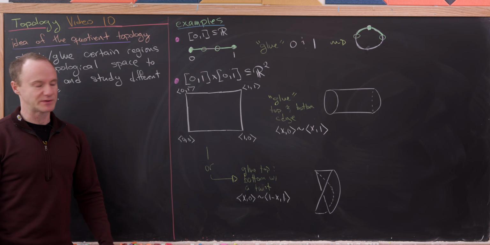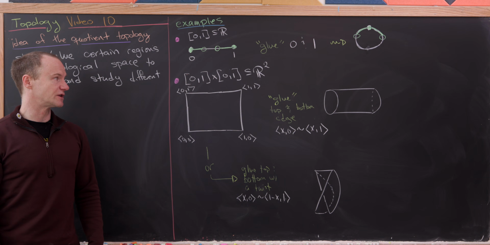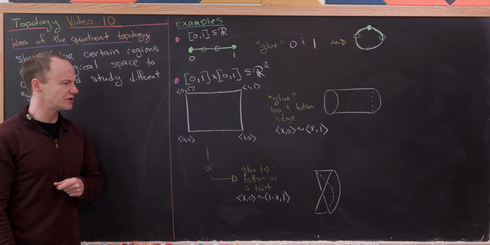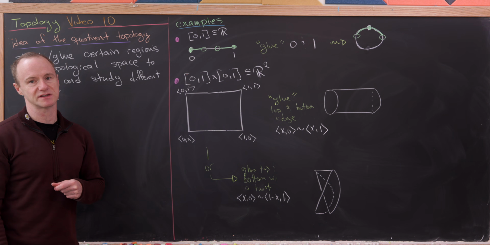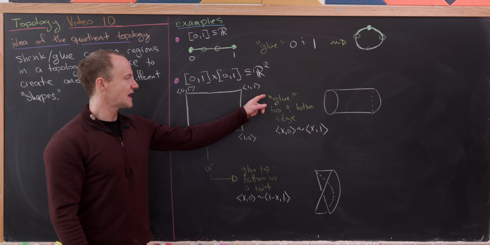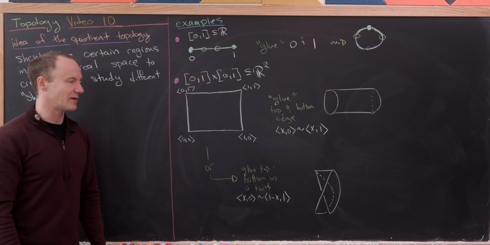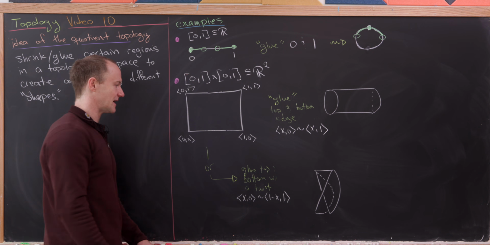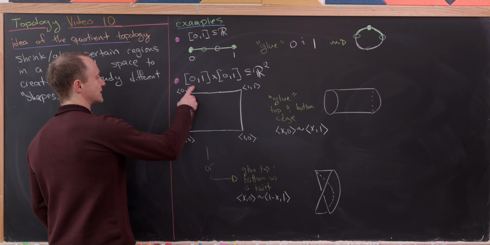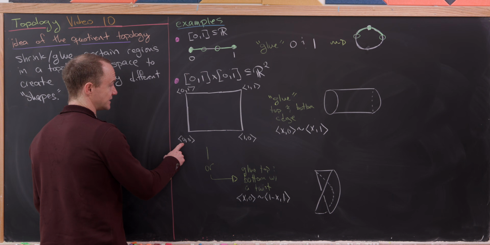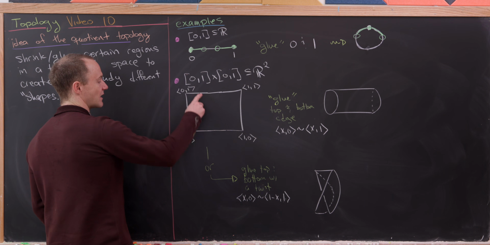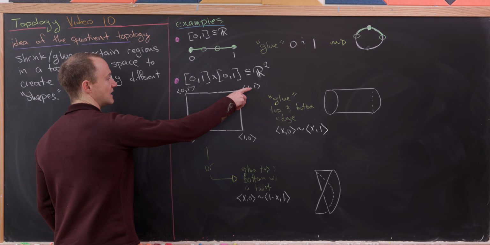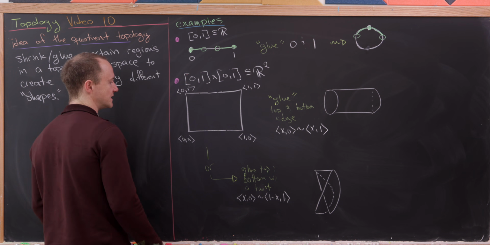Okay, so let's look at another example. This example is built out of the square 0, 1 cross 0, 1, so the unit square. And we're going to do two little examples of this all at once. So let's say we glue the top and bottom edge, but we keep the orientation of each edge the same. So that means we're gluing this point 0, 1 to this point 0, 0. We'll be gluing this point right here to this point right here, this point right here to this point right here, and then these endpoints 1, 1 to 1, 0.